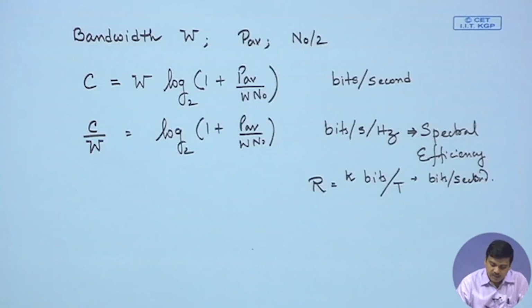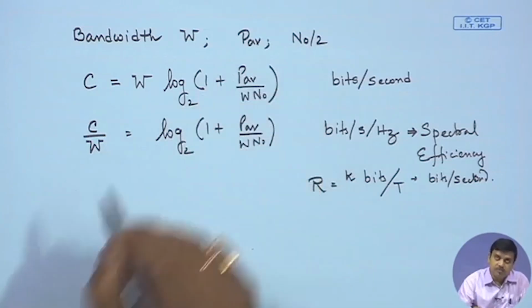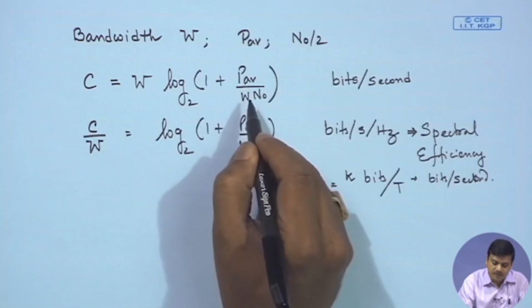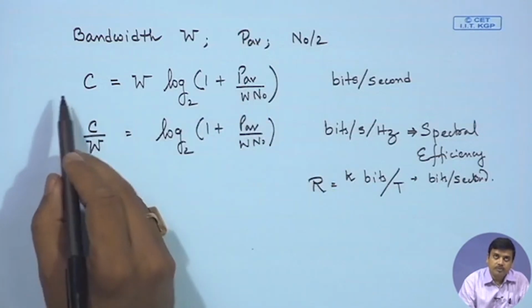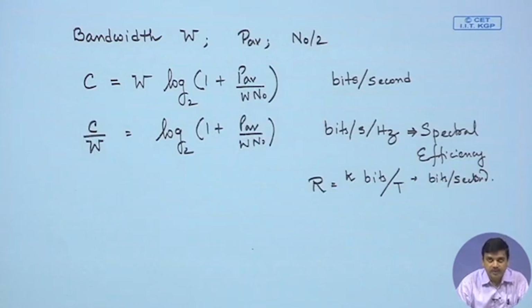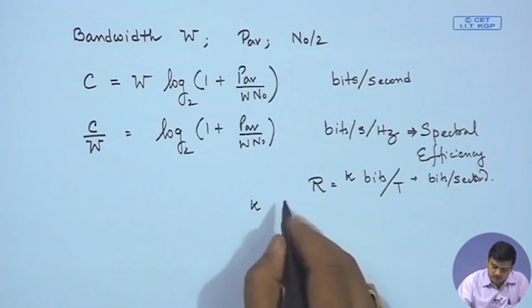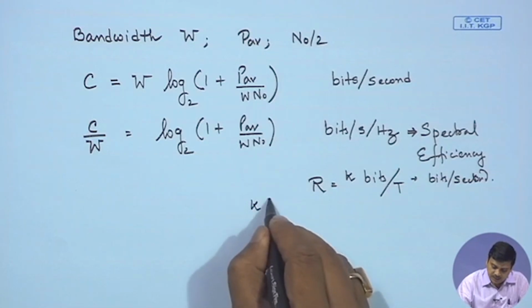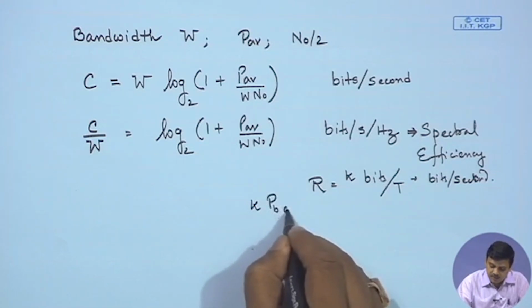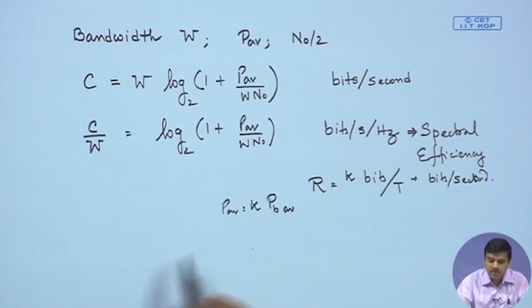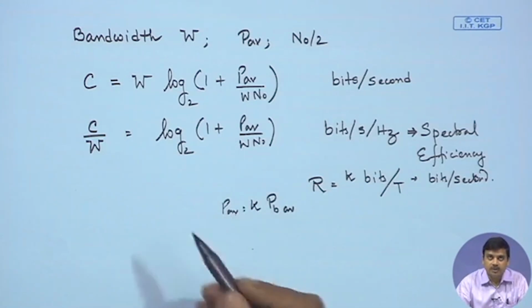Our interest is, whenever you are given an average transmit power and a bandwidth, that is a band limited channel, we should be able to compute how many bits per second we are sending. P average you could also modify to k times P bit, that is per bit. P average is the average power available per symbol, you can say.